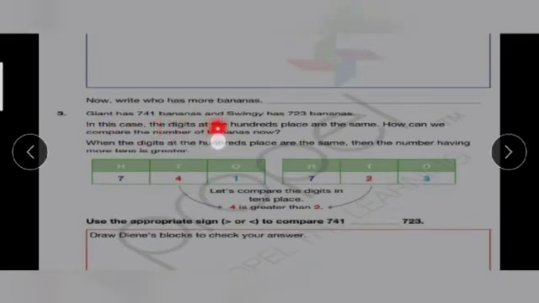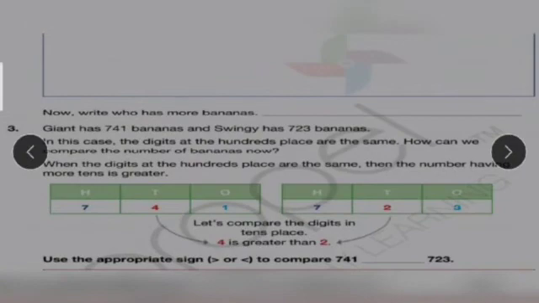Now the next example. Here the giant has 741 bananas and Singi has 723 bananas. In this case, the digits at the 100 place are the same. How can we compare the number of bananas now?